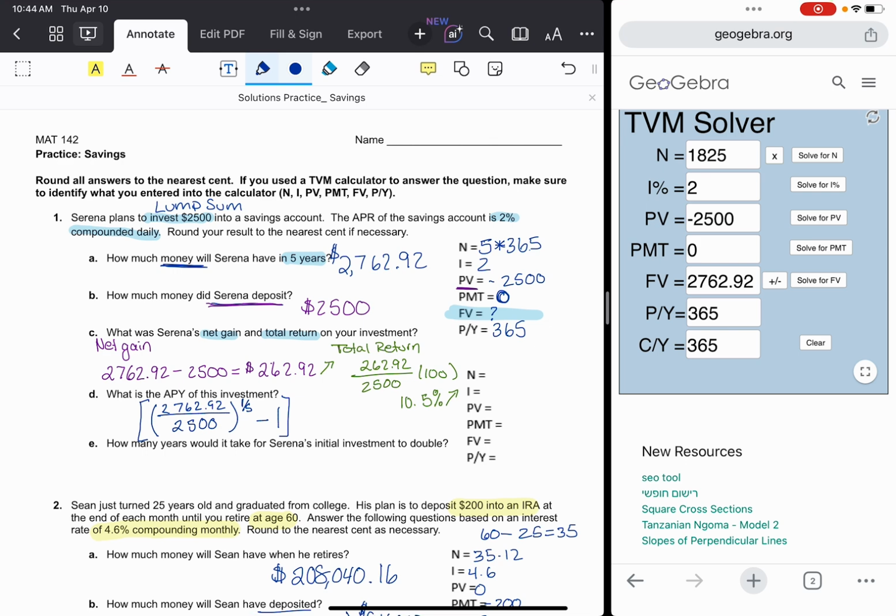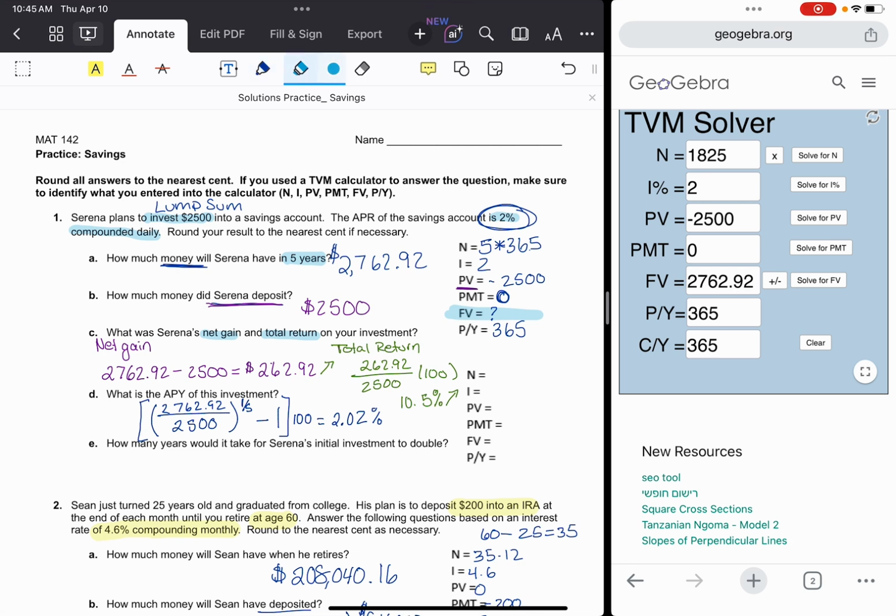Because again, just like with our previous problem, we want to turn this into a percent. And your answer should be pretty close to your APR. And you'll notice in this particular case, we get 2.02%. So we got that extra 0.02%. It's not a lot, but it's a little. So, take it and run with it. It's extra money you earned from that compounding daily.